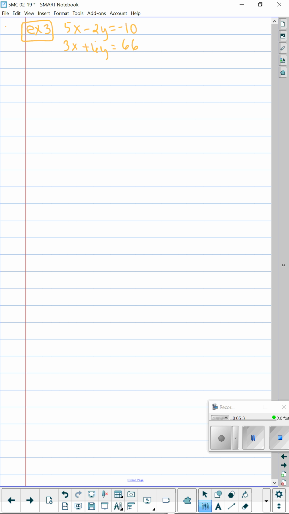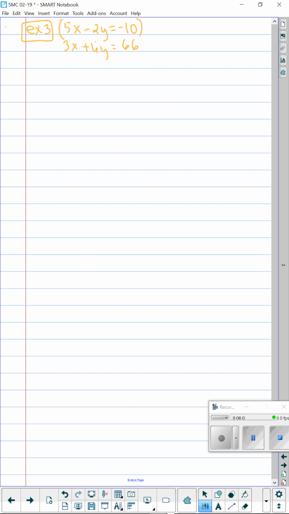So when I look at the x's, I have 3 and 5. There's nothing I can multiply 3 by to get 5. So then I look at the y's. I start with the smaller number 2, and I'm looking to see, is there 2 times something that will give me 6? And of course, we know that we could multiply 2 times 3 to get 6.